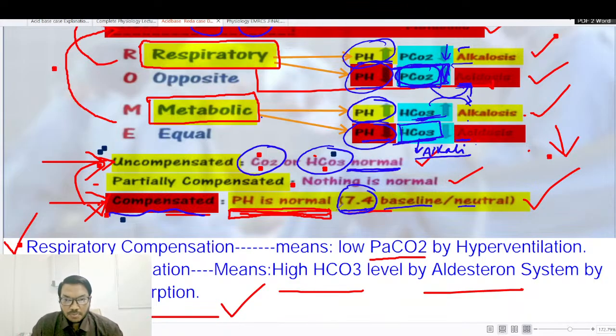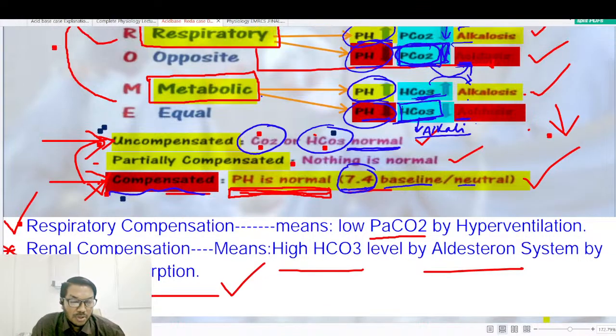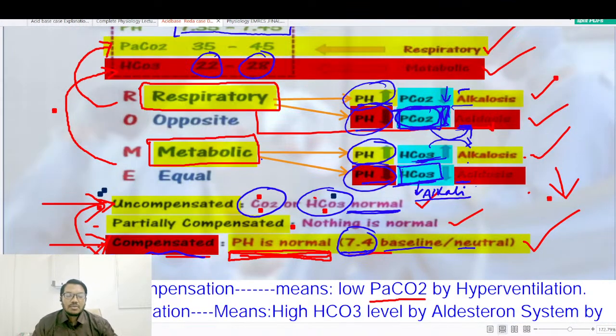Okay, so respiratory compensation and renal compensation. Respiratory compensation means low partial pressure of carbon dioxide. Suppose there was an acid-base imbalance in the body.